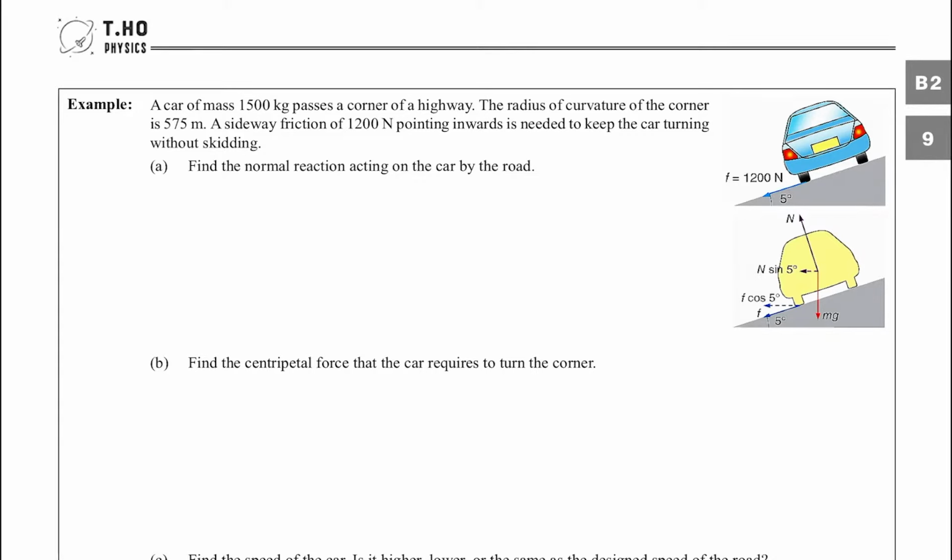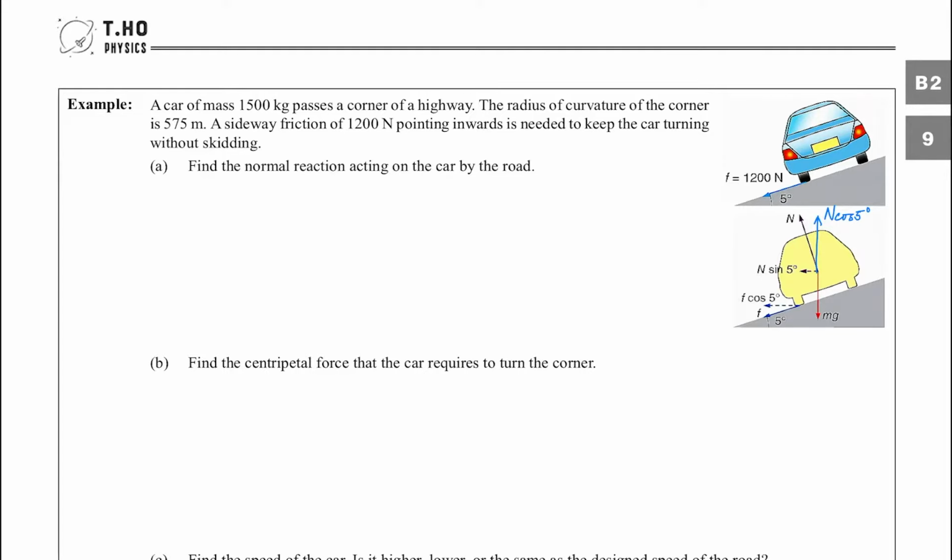In order to look into this question, we'll try to resolve the normal reaction into the component which is horizontal and its component which is vertical. So we have N cosine 5 degree.